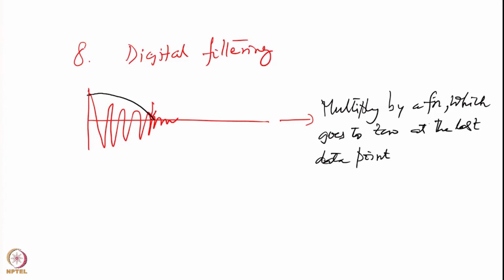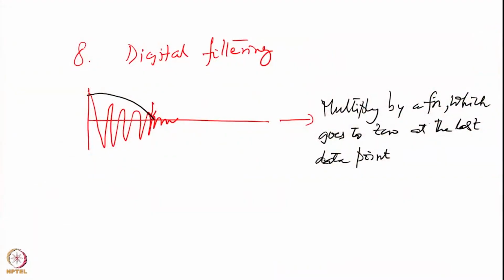This results in elimination of those wiggles in the spectrum, and you then get clean absorptive line shapes. If you do the FT after that, you get clean signals like this, with no truncation wiggles. So this is digital filtering.